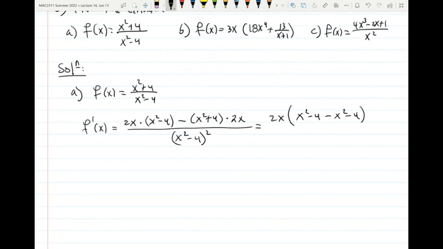Minus x squared minus 4. Does everybody see that? Okay. Over x squared minus 4 squared. Now we see that the x squares cancel, and then we get negative 8 inside the parentheses times 2x. That's a negative 16x on top. So we get negative 16x over x squared minus 4 squared.